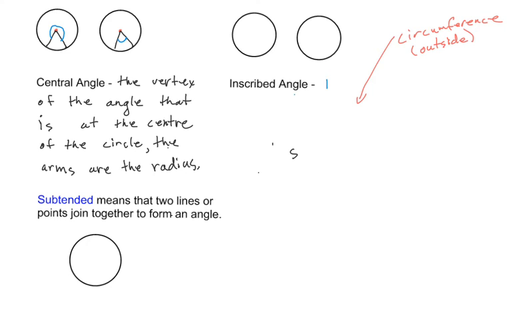Basically, the arms of the angle are going to be chords. So imagine here's our red dot again, but this time it's on the edge. Then we'll draw our arms to other points on the circle. Those are the chords that we talked about.